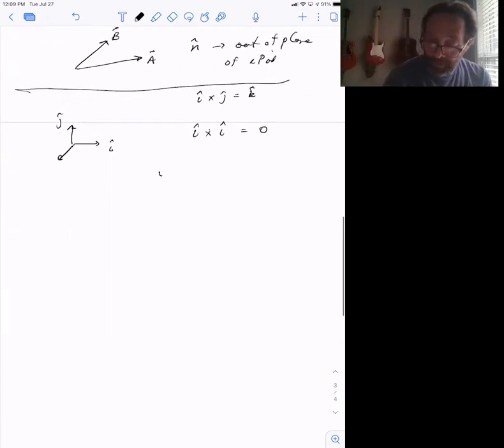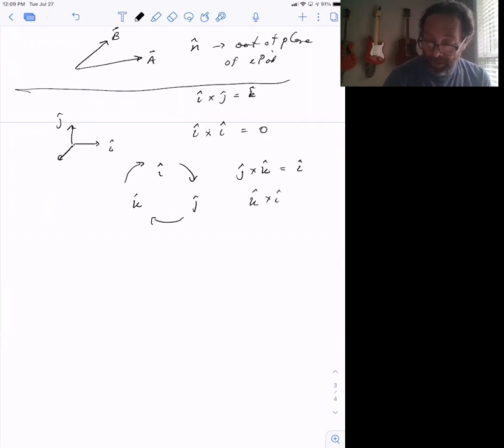But for us, and I do present this in every class, you may have seen this cyclic diagram where I cross j goes into k. As we go clockwise, we pick up a plus sign. So j cross k would go into I hat.